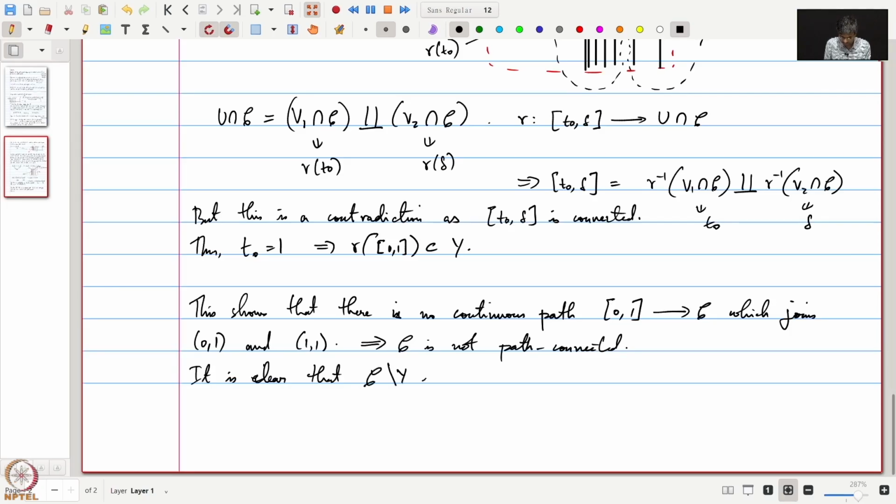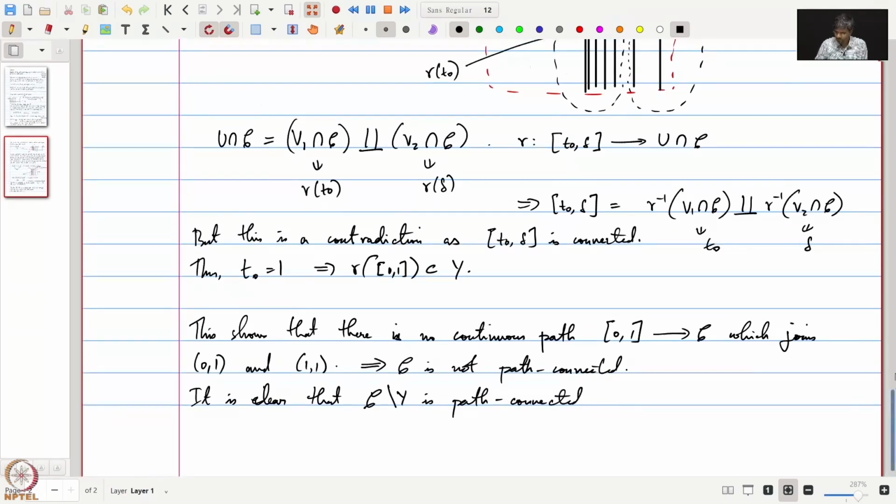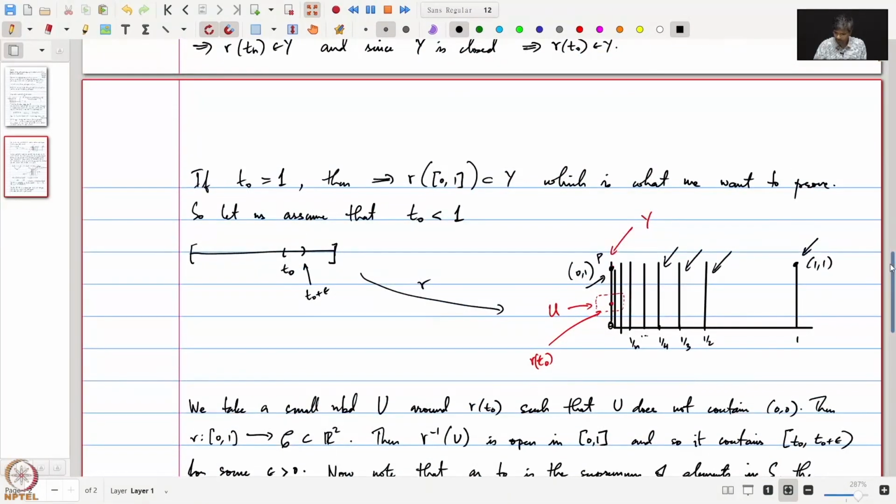On the other hand, it is clear that C minus Y is path connected. Why is that? Because if we take any two points in C minus Y, we have deleted Y, so the two points will look like over here.